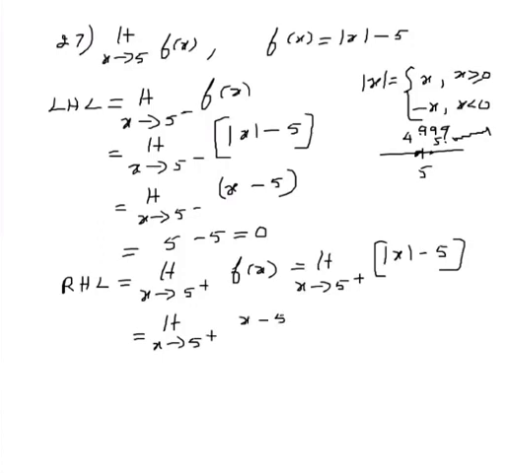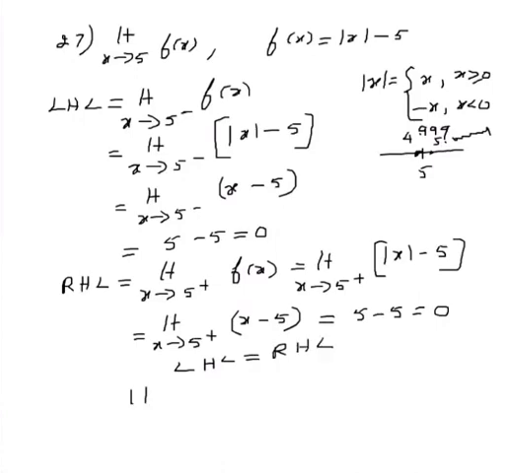So it becomes again x minus 5. I am substituting the limit value because x minus 5 is a polynomial which is defined for all values. This polynomial is defined for 5 also. Not only for right side values of 5, for 5 also it is defined. So we can substitute the limit value. This is also 0.